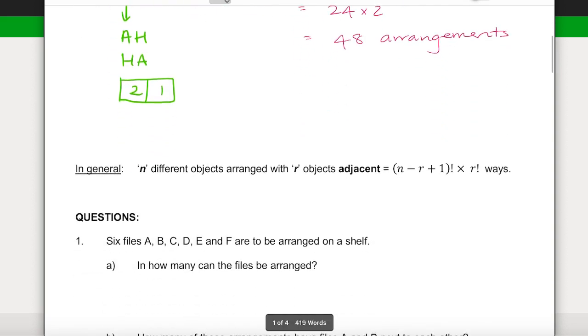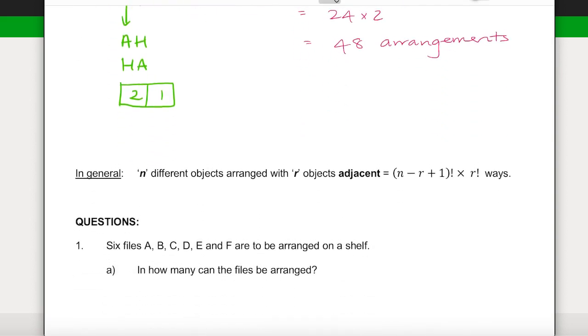There's a nice little summary here that says if we have n different objects, so we had 5 objects, and we arranged them with R objects adjacent or next to each other, so that we had 2 objects that needed to be together, then it would be n minus R plus 1 factorial times the R factorial.